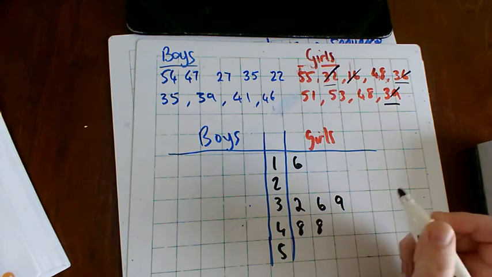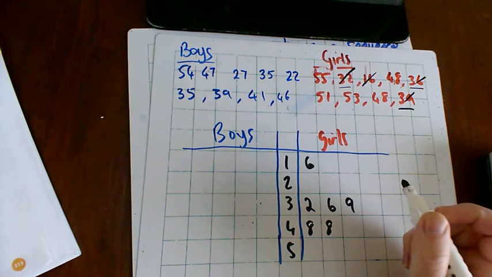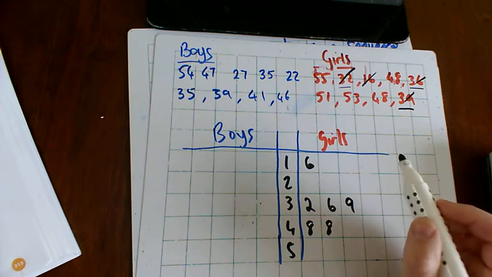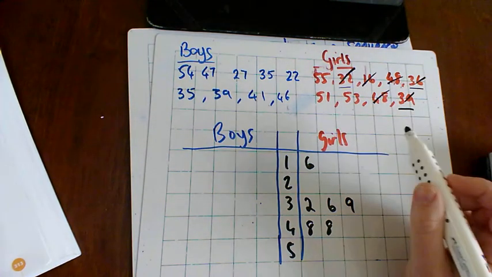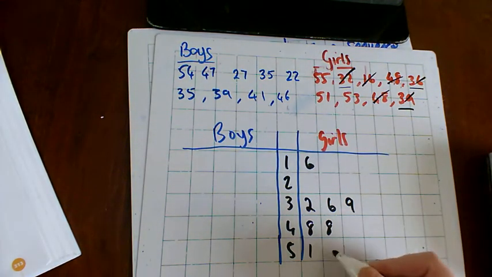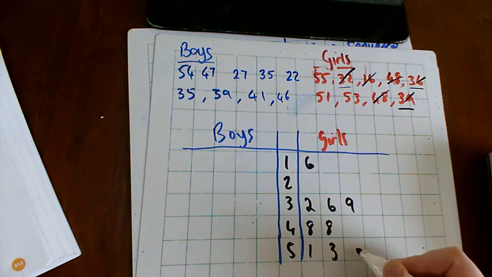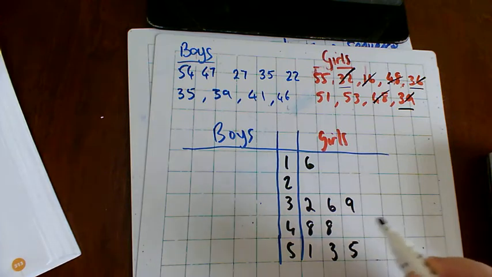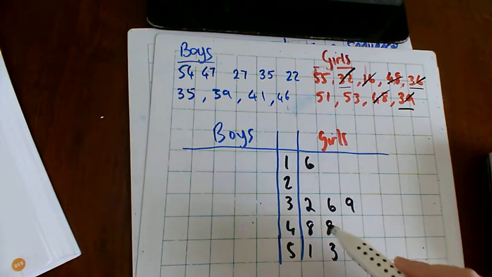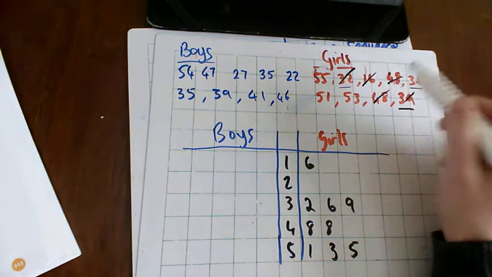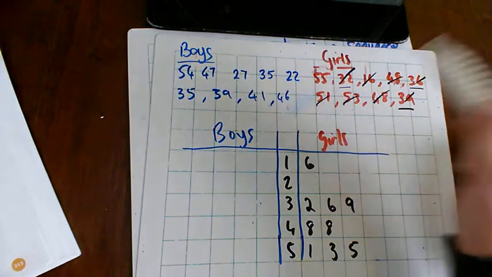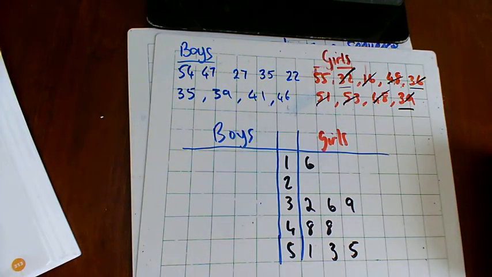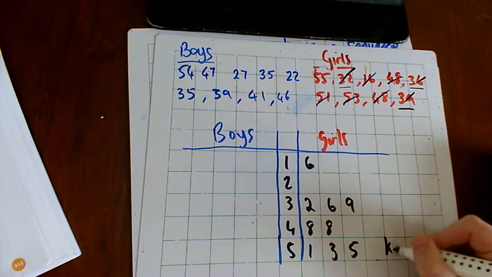In the 50s, we should have three: 51, 53, and 55. And how many is there? 1, 2, 3, 4, 5, 6, 7, 8, 9. I've counted them all.